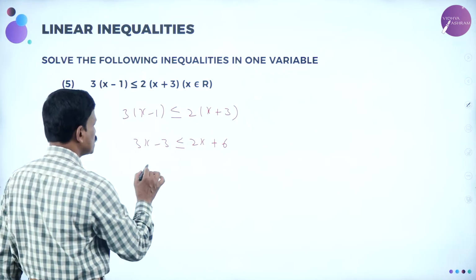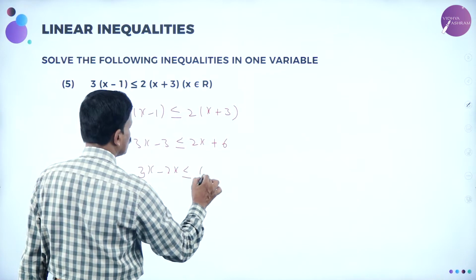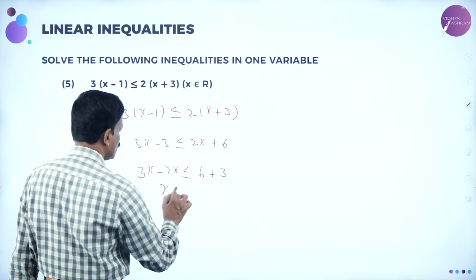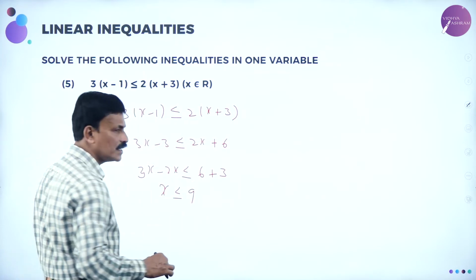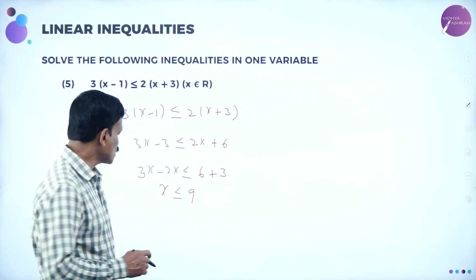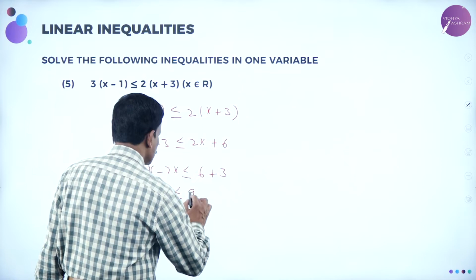Now this can also be written as usual 3x minus 2x is less than or equal to 6, minus 3 becomes plus 3. 3x minus 2x is x, which is less than or equal to 9. X is less than or equal to 9. Okay. Now therefore, what is the solution set? So therefore, x belongs to, what is this?